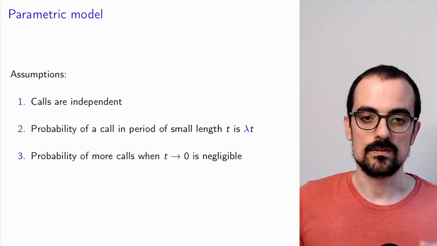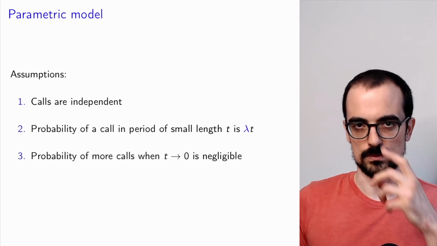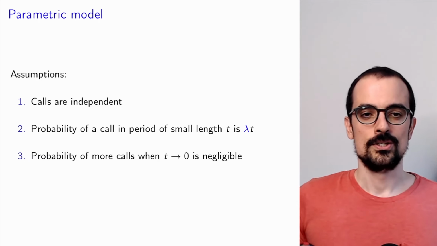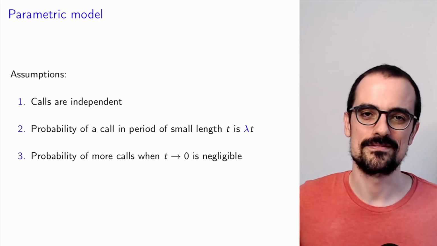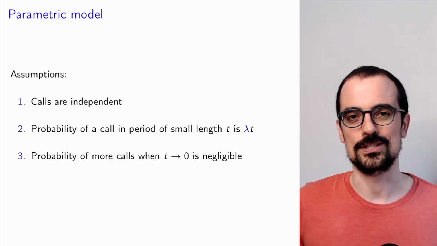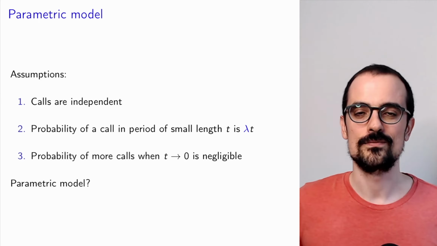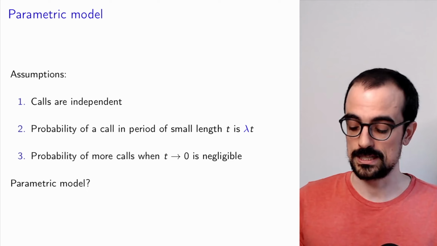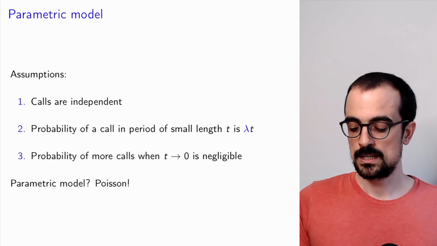And that the probability of more calls when we pick a very, very small interval is negligible, which is quite reasonable. So maybe these assumptions sound familiar. They hopefully sound familiar if you've seen the video on the Poisson distribution, because according to these assumptions, our parametric model is just Poisson. Okay, so we're going to use a Poisson model.